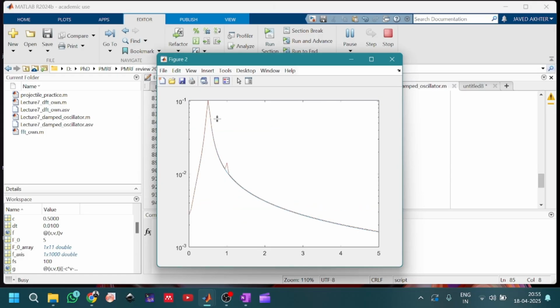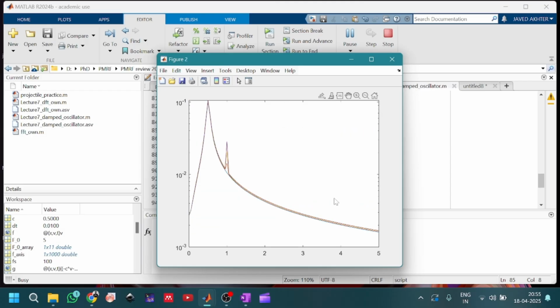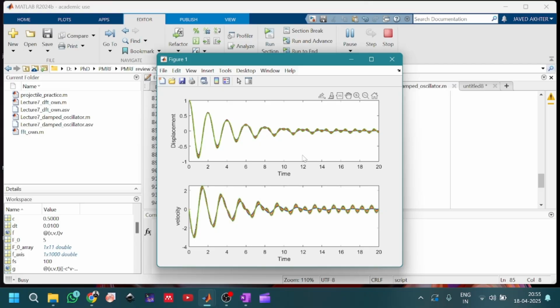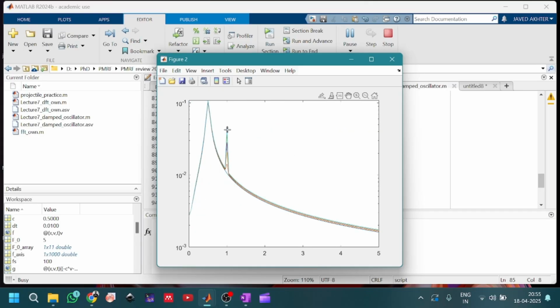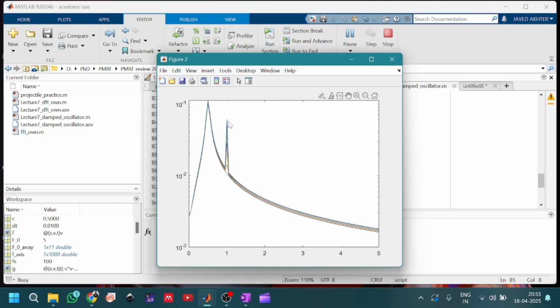Okay, you can see that it is updating slowly. So the drive strength is increasing, and corresponding to that, how the system behavior is changing, you can observe in the graph. You can see that the frequency component at this drive strength is increasing, so the amplitude is increasing here.